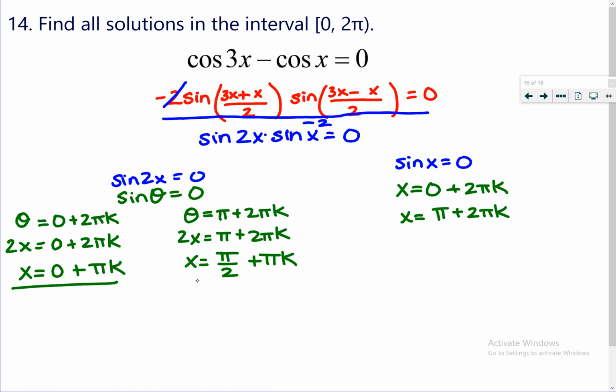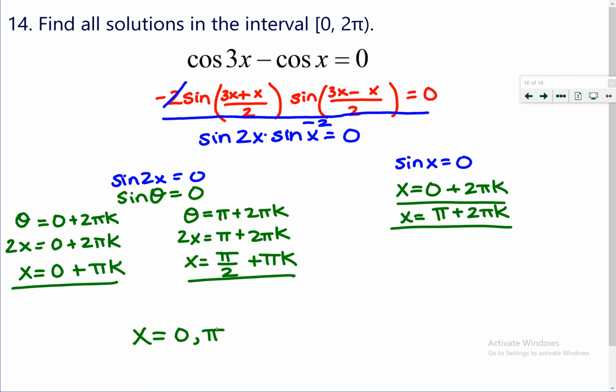All right, so 1, 2, 3, 4 things that are going to give me answers. So now I've got to figure out from those 4 what are all the answers between 0 and 2 pi. I'm just going to do one group at a time. My first answer is 0. Plus pi is pi.